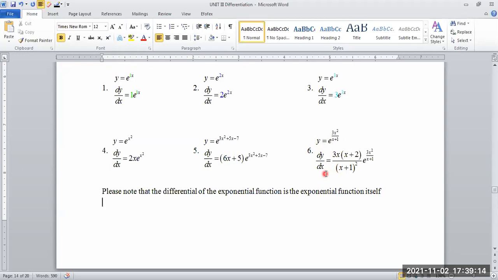The differential of the exponential function is the exponential function itself. Look to see if you see e raised to the 3x squared over x plus 1. All you now need to do is to differentiate this quotient. You know how to differentiate the quotient. So go ahead and do number 6 for me.